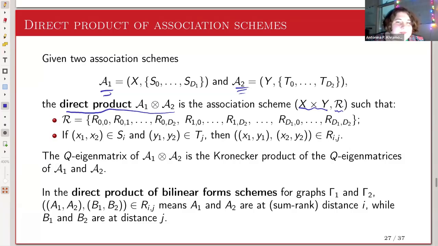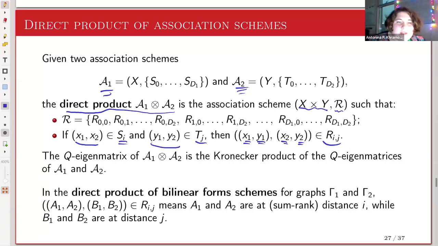Here we say that (x1, x2) and (y1, y2) are in relation R_ij if the first two vertices were in relation i in their original first scheme, and the second two vertices were in relation j in their second scheme.